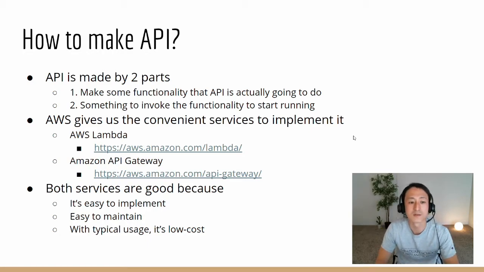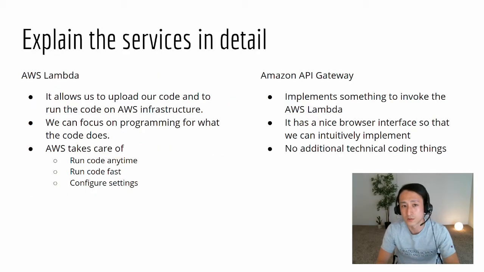So I just introduced AWS Lambda and Amazon API Gateway, so I'm going to go through the details of those two services. AWS Lambda allows us to upload our code, and then we can run the code on the AWS infrastructure.